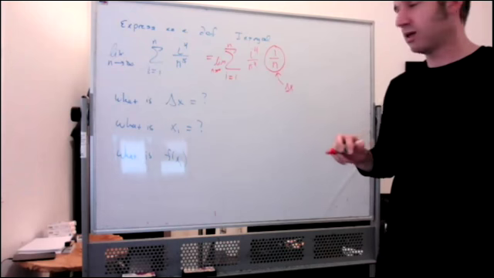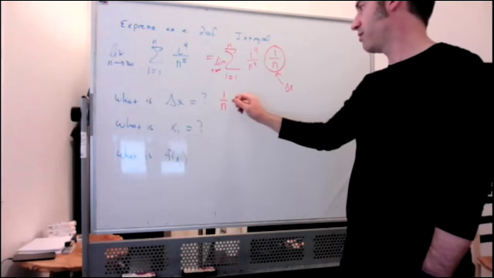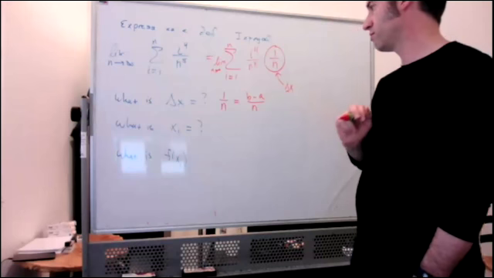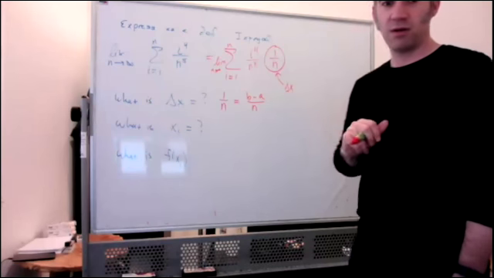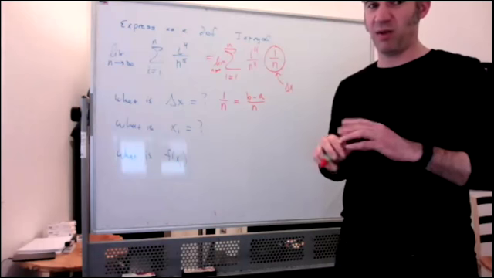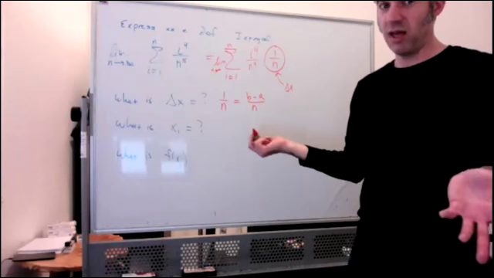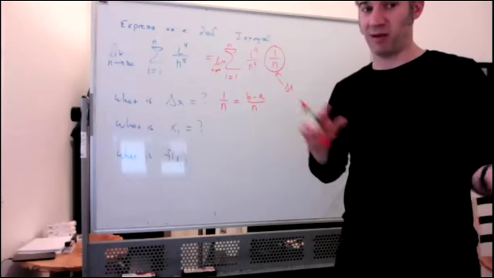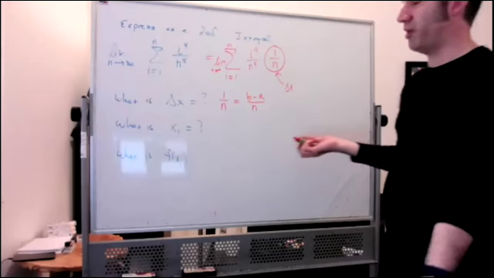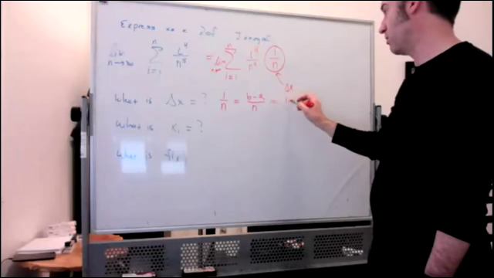If delta x is 1 over n, that's your b minus a over n. Something interesting here: you can usually pick whatever you want for b and a, as long as they subtract to 1. It'll come out nicer if you pick the right thing, but really you can pick anything. Unless there was a reason not to, I would pick b minus a to be 1 minus 0.